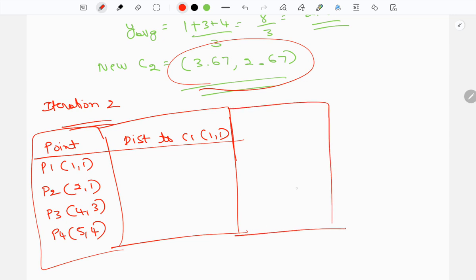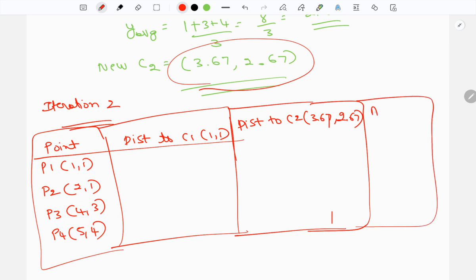Next, the distance to C2, that is 3.67 comma 2.67. So finally we have the assignment.